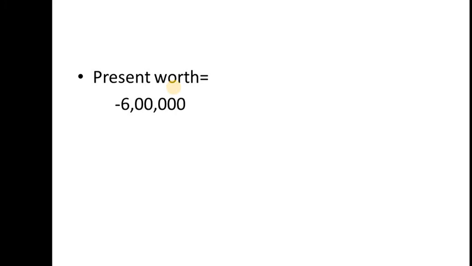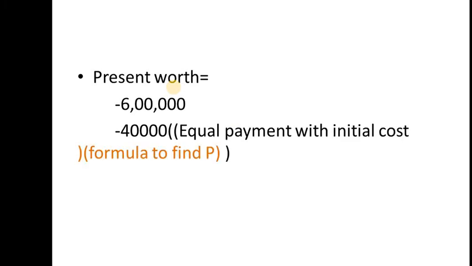Okay. Next what should I do? I have to calculate the present worth of the maintenance cost. Maintenance cost A they have given, I have to calculate P. So the formula is this one. Okay, next thing is what?